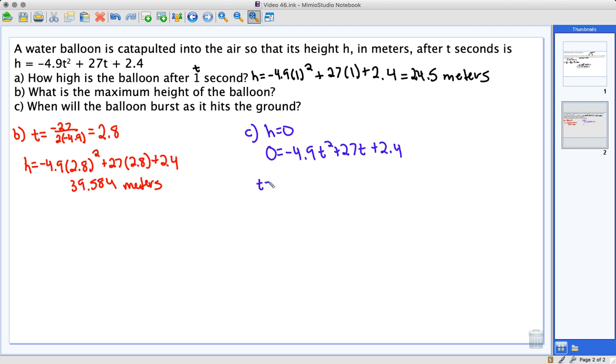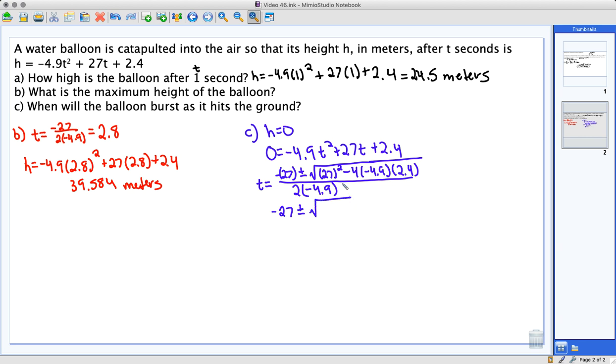So we're going to have negative 27 plus or minus the square root of 27 squared minus 4 times negative 4.9 times 2.4, all over 2 times a, which is 2 times negative 4.9.